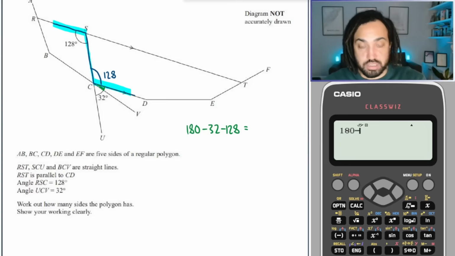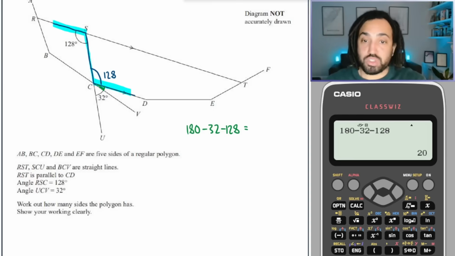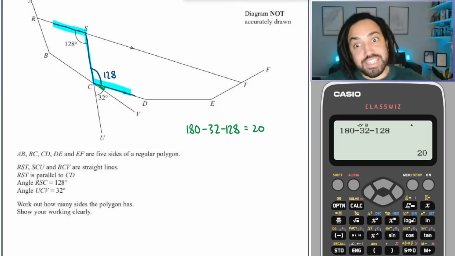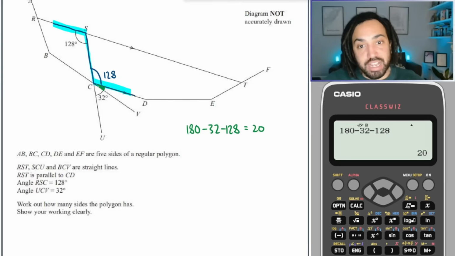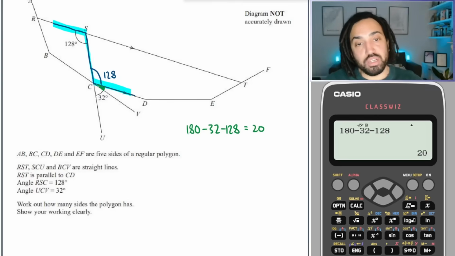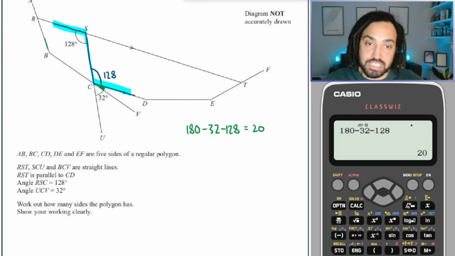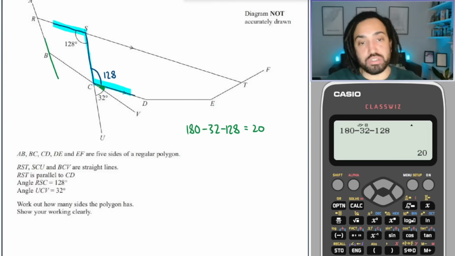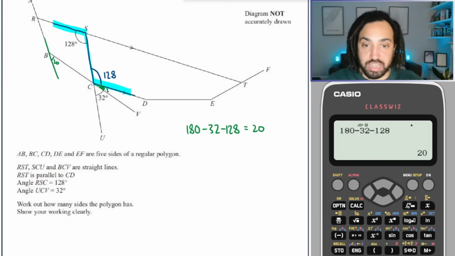So 180 minus 32 minus 128, that's 20. And that is the exterior angle of the polygon which we are looking at. Because remember, an exterior angle comes straight out the side of the polygon.